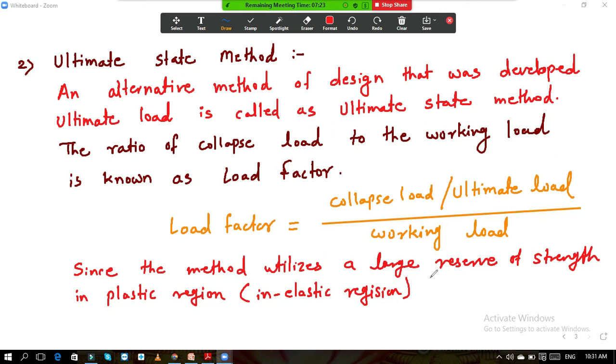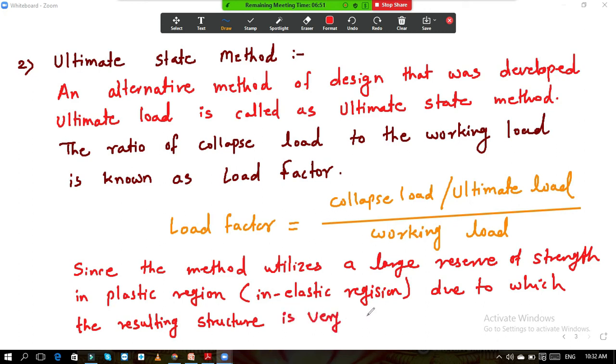Okay, due to which the resulting structure is very slender.